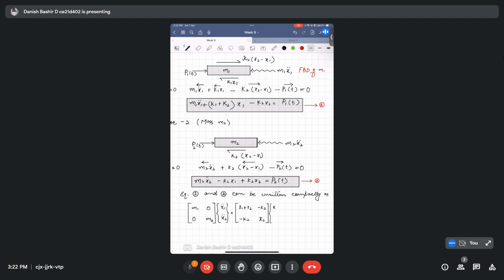Then we have x1 and x2, and then p1 and p2. P1 of t is the force acting, and p2 of t is another force acting. So this is the system of equations that we get for a 2 degree of freedom system.